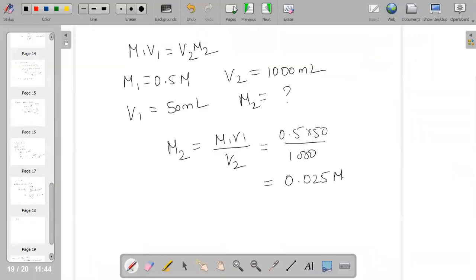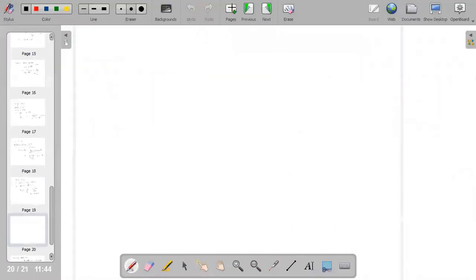So what is the molar mass of urea? We get it around 60 gram per mole. And 0.5 molar aqueous solution of urea means that 1000 gram of water is going to contain 0.5 mole.